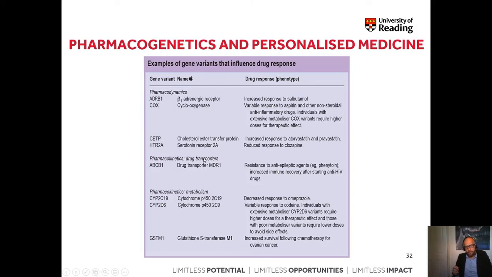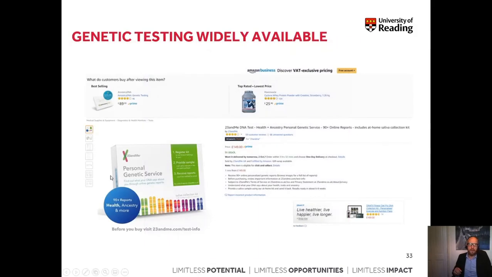And it is quite evident that many different processes within a cell can be affected by genetics. Genetics can affect pharmacodynamics, it can affect pharmacokinetics, it can also affect cell metabolism. So all of this information can be used in pharmacogenetics quite efficiently.